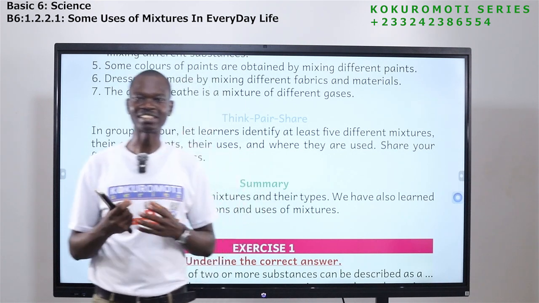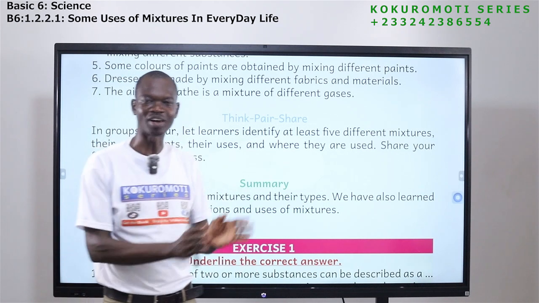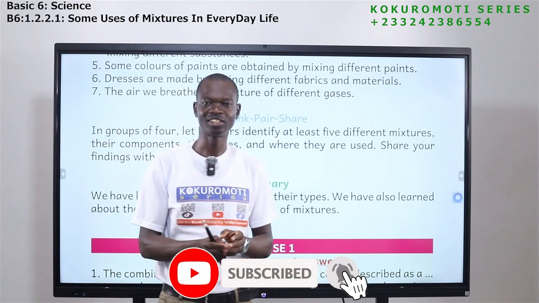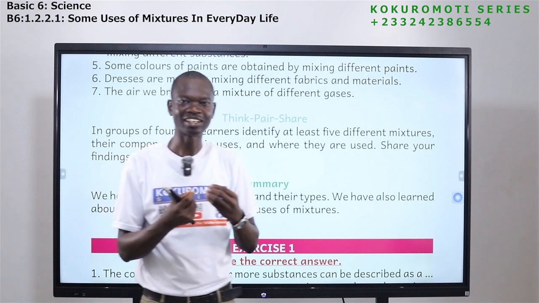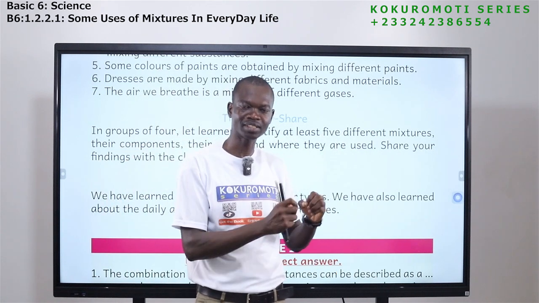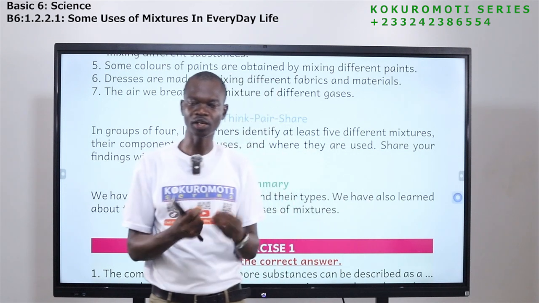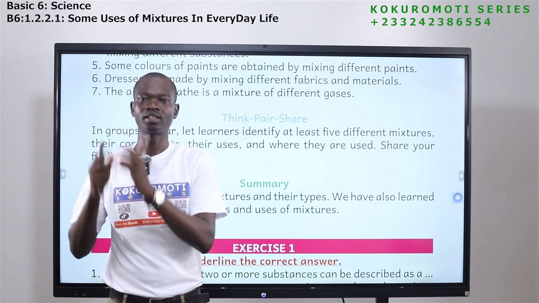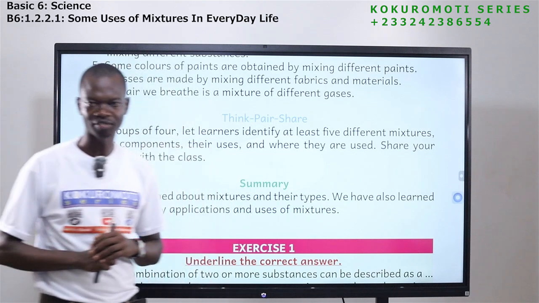And we also mentioned that some liquids can be mixed completely to form one layer, whilst others cannot be mixed. So those that can be mixed to form one layer, they are called miscible, and those liquids that cannot be mixed to form one layer, they are called immiscible. So that is what we have learned today. I hope you have enjoyed the lesson.